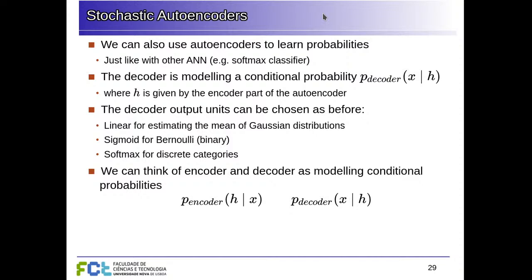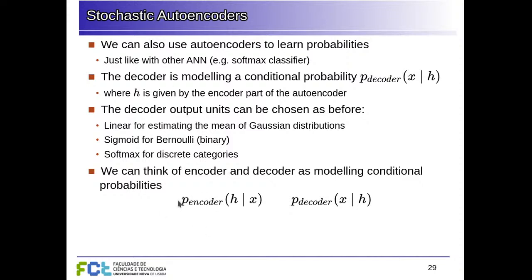So the way we can do this in an autoencoder is to use the encoder to give us the conditional probabilities of some distribution in the encoding given the data.